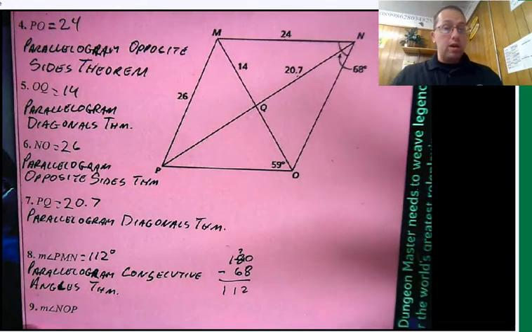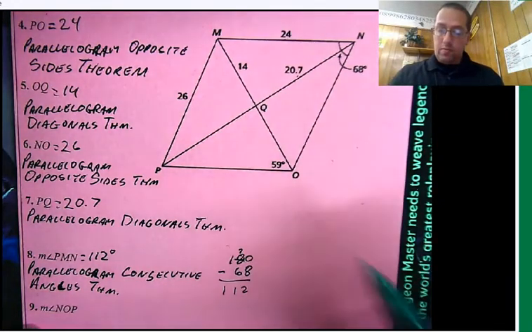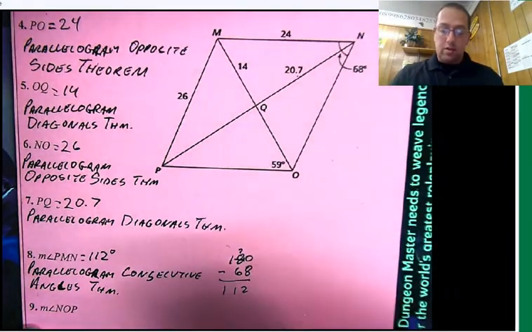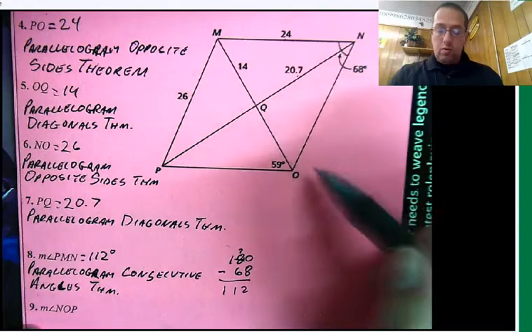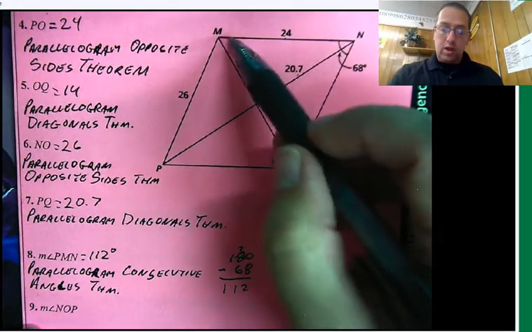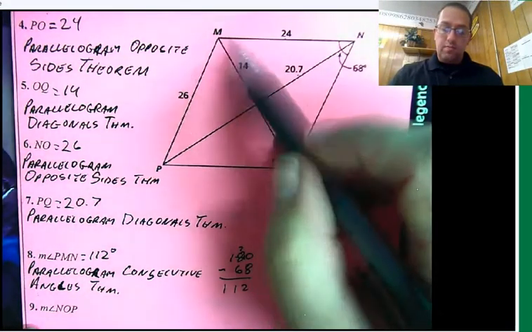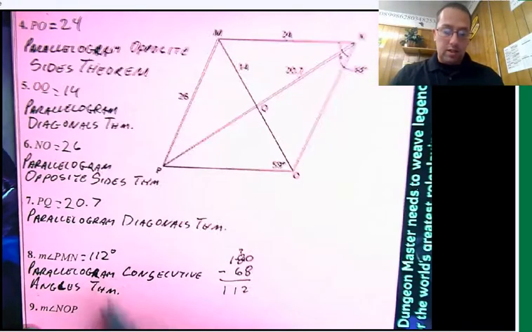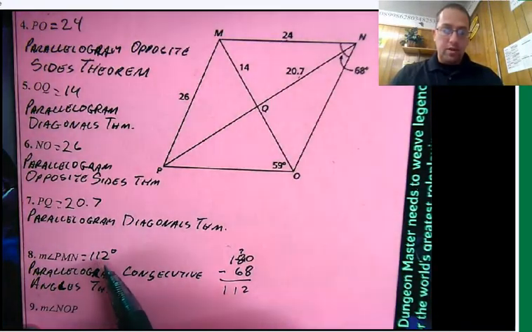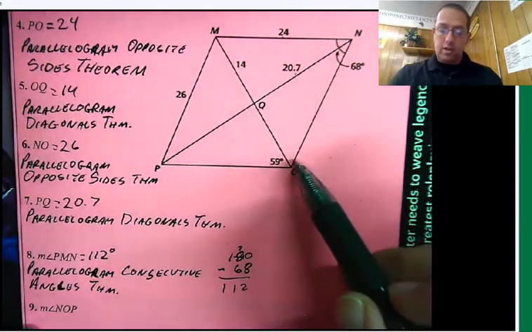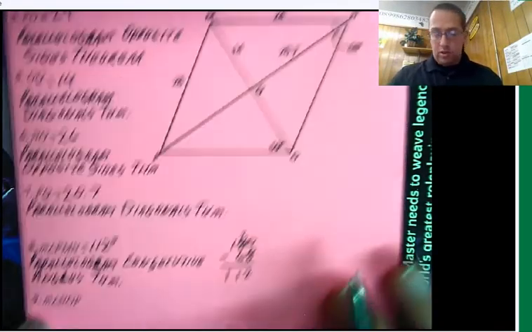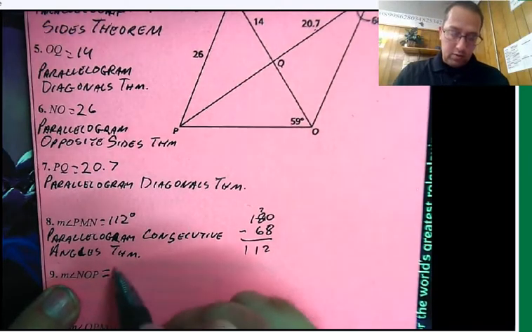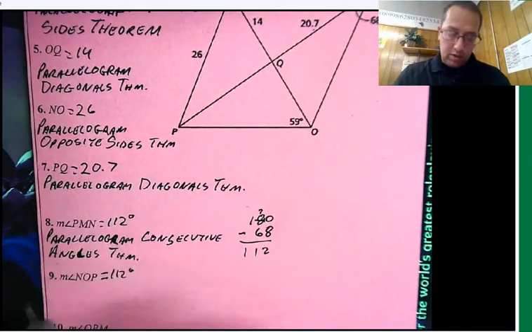So, actually, we've got two things we could do now. One, we know it is consecutive to the 68, so I could do that again. Or it is congruent to the angle opposite. It's congruent to angle PMN. I know what PMN is now, because I just figured that out right here, didn't I? It's 112. This is opposite that, so it's going to be congruent. So it's also going to equal 112. So this equals 112 degrees.